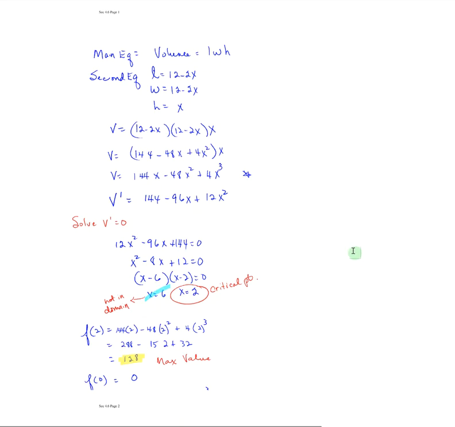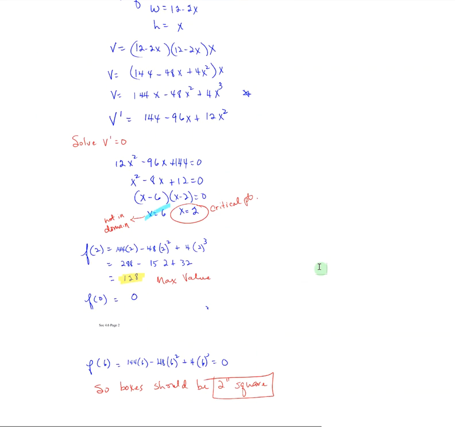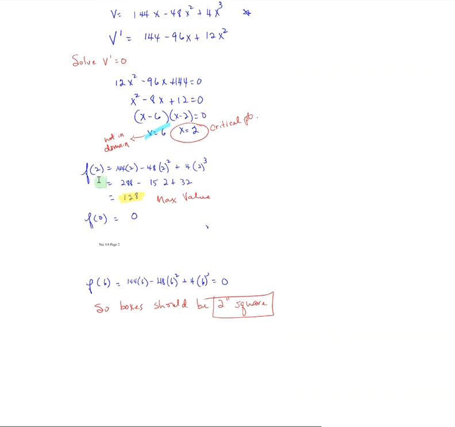I did not put the testing of it to make sure that was the max, because we were looking for the max, remember? But you would do that, and I did f of 2, plugged it into the original, and you got 128. That's your max value.